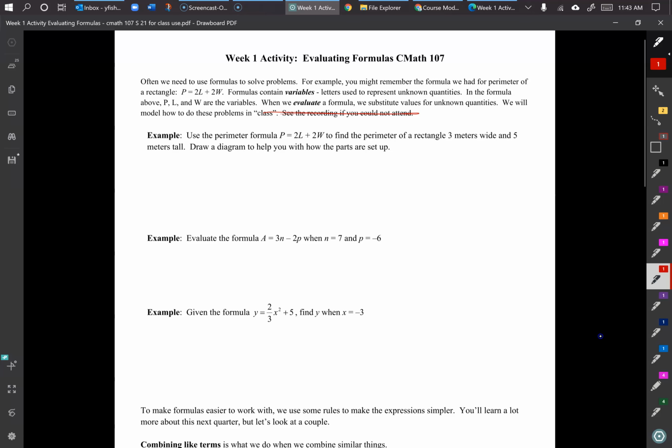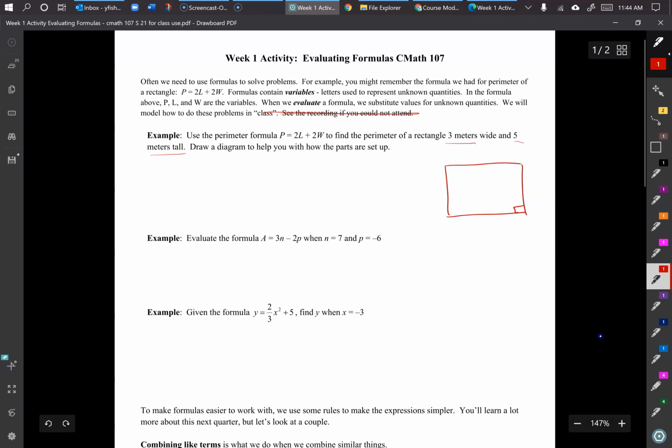So for the first one, example 1, use the perimeter formula, P equals twice the length, 2L, plus twice the width, which we write as 2W, to find the perimeter of a rectangle 3 meters wide and 5 meters tall. Because remember, for a rectangle, I'll just draw a little picture over here.